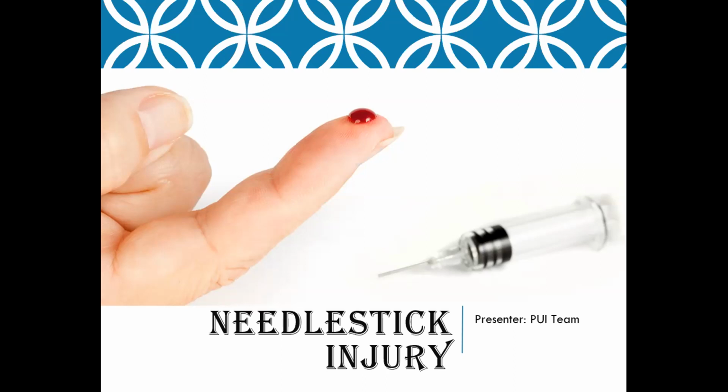So there are good and bad points. For example, if qSOFA is more than 2, it says high risk of mortality, and the patient requires ICU admission. So the qSOFA mortality is 4%.